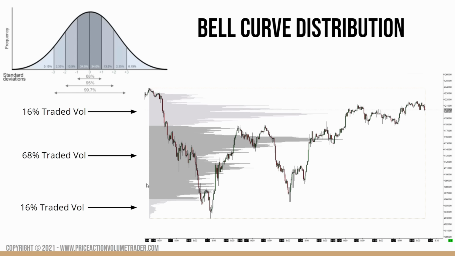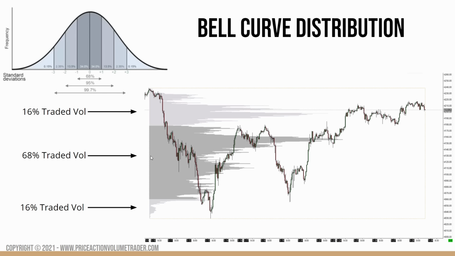And this area that's shaded in a darker shade of gray is going to be the first deviation to the left and the right. So this measures the 68% of the traded volume, and then these areas outside are just the other 32% of the traded volume.